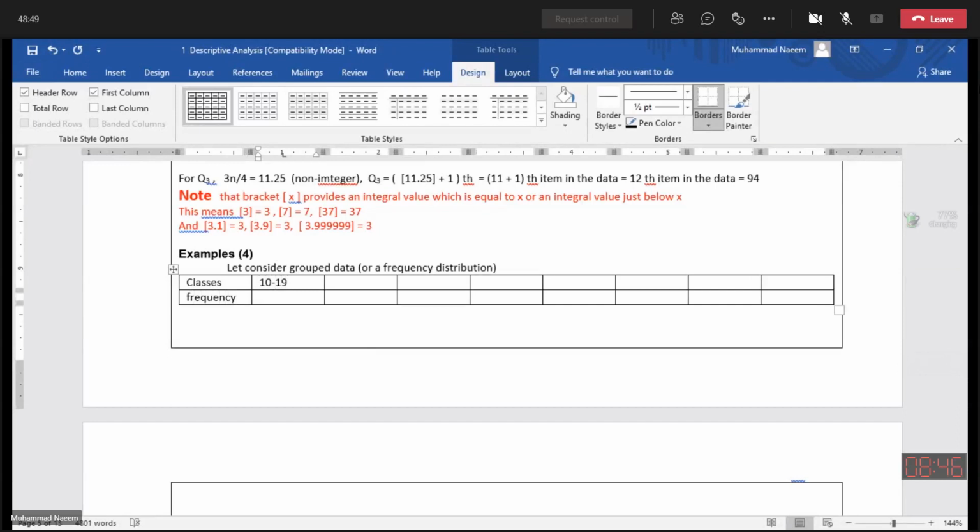So we have certain classes and a frequency. The classes are 10 to 19, 20 to 29, 30 to 39, 40 to 49, 50 to 59, 60 to 69, 70 to 79, and 80 to 89.